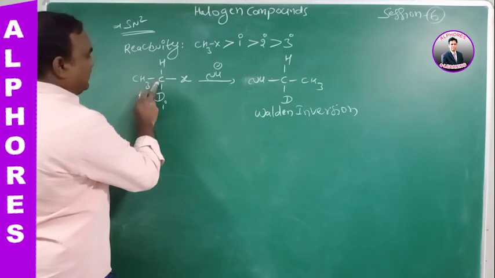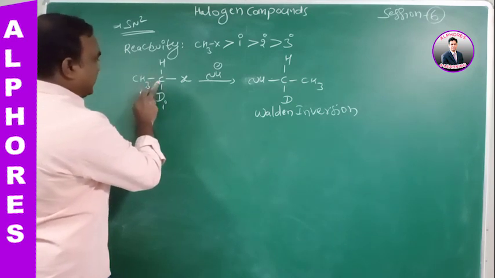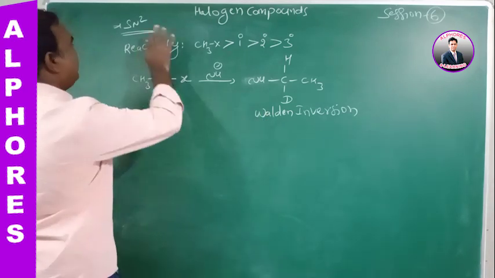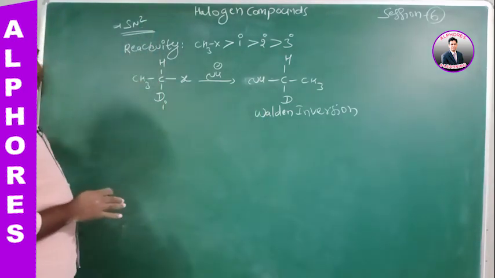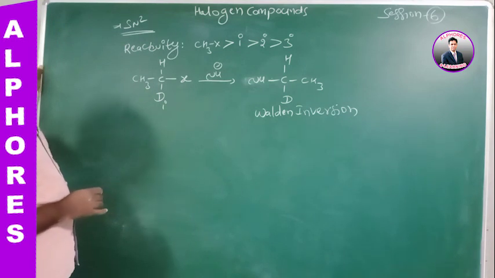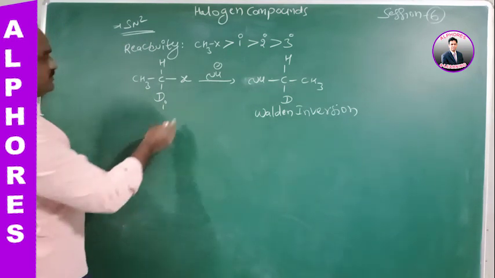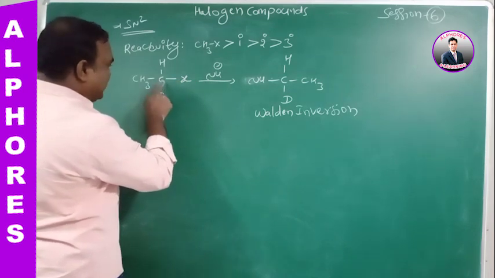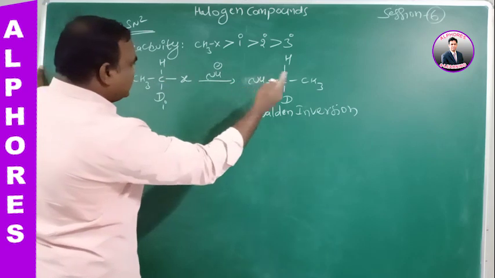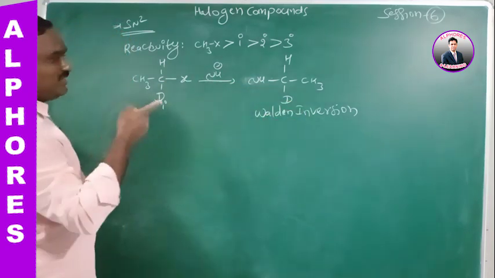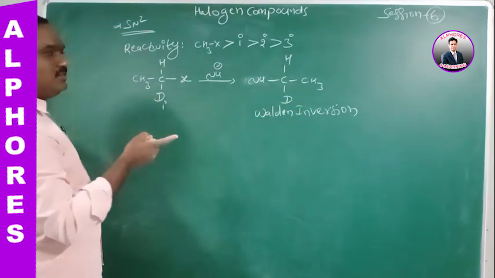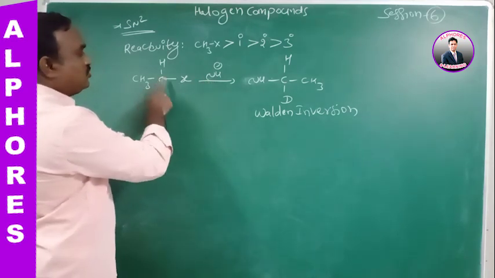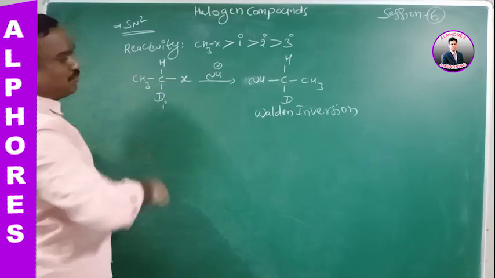Remember always, if the substrate has a chiral center, it forms the Walden inversion product in bimolecular nucleophilic substitution reactions. If the reactant is not carrying any chiral center, then it forms a simple product, but the configuration is exactly opposite, because the incoming nucleophile occupies the position exactly opposite to the leaving group.